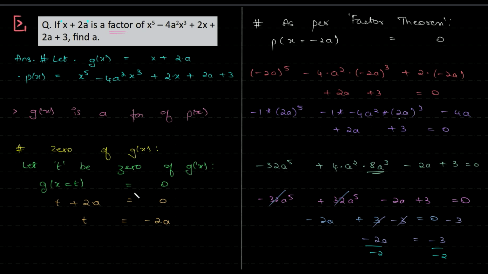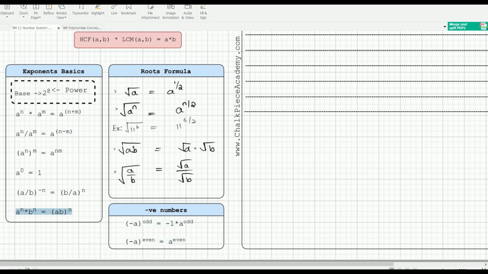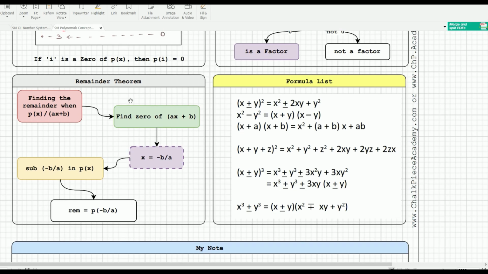I hope I didn't make any mistakes. The funda is all about the factor theorem. Whenever you look at the word factor, you have the answer, right? So don't make silly mistakes, and don't make conceptual mistakes. Conceptual mistakes should not be happening, because as a whole, the concept is very little from this chapter.